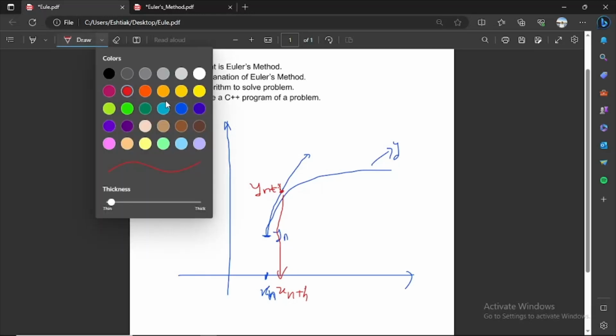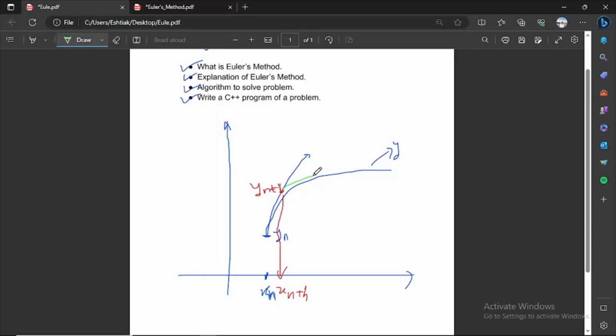Again we will plot another tangent line from yn plus 1.